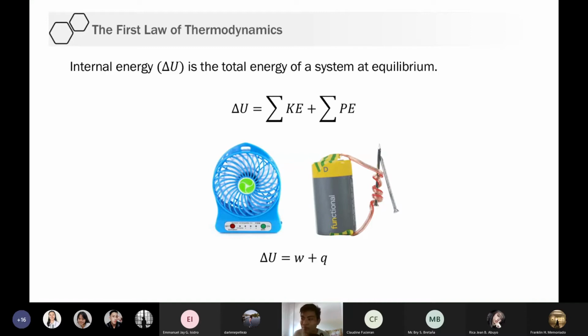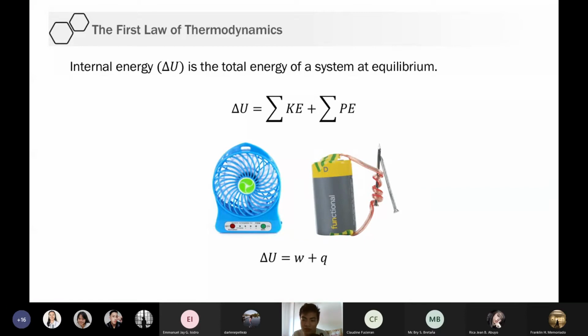Ito yung problem. Madali ba i-measure yung kinetic energy and the potential energy? Madali ba yan i-measure? Ang sagot ay hindi. Hindi yan madali i-measure. Kasi kunwari, I want you to determine my internal energy. Ano gagawin mo? Compute mo. Ano yung height ko? Kasi for every particles at different height, iba-iba yung potential energy. Ano pa?